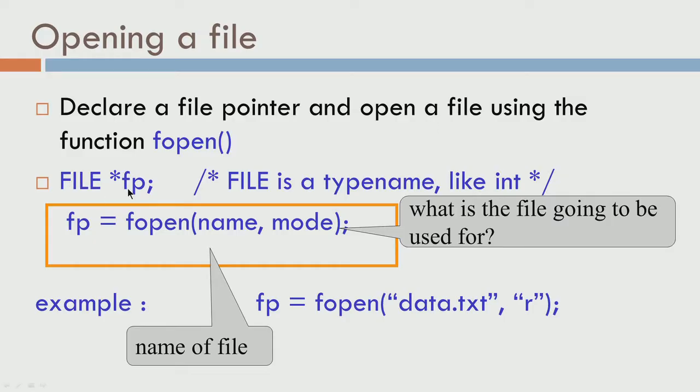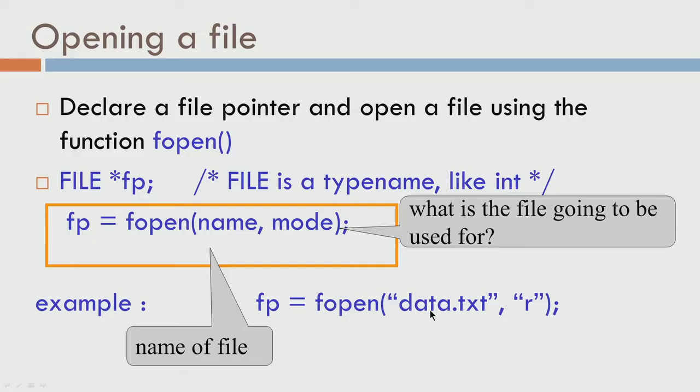Right. So, we have a file pointer now, and we can do fp = fopen(name, mode). The name should be the name of the file that you are trying to open, and mode can be one of 3 things. Let us see this example: fp = fopen("data.txt", "r"). If we say r, it is supposed to be in read only mode.